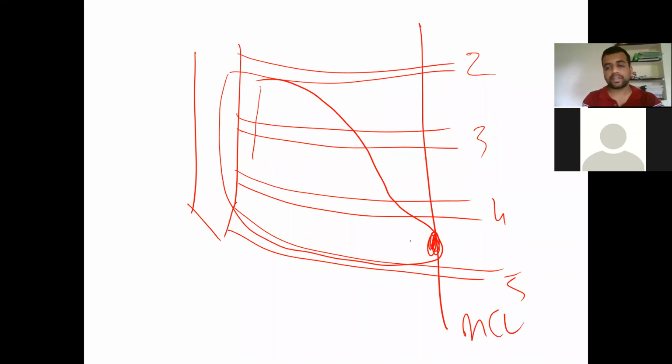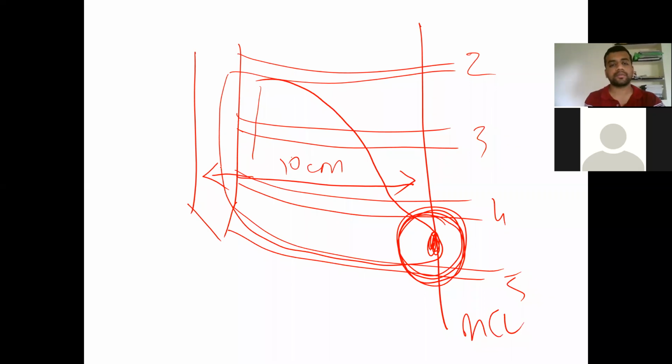So it is at or slightly medial to the midclavicular line, extending only in one intercostal space, and it is around 10 centimeters from the midline of the sternum, in the fifth intercostal space.